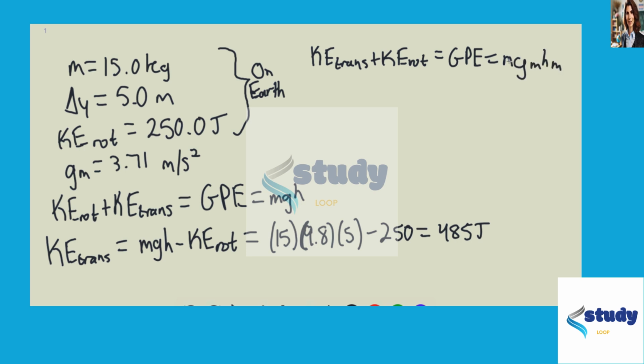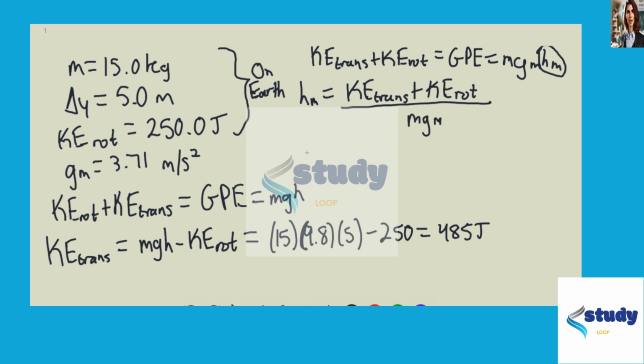So this would be mass times the gravity on Mars times the height on Mars, where we're trying to isolate this variable. How far must it fall on Mars in order to have the same amount of translational kinetic energy? And we find that h_m equals KE trans plus KE rotational, divided by m g_m.